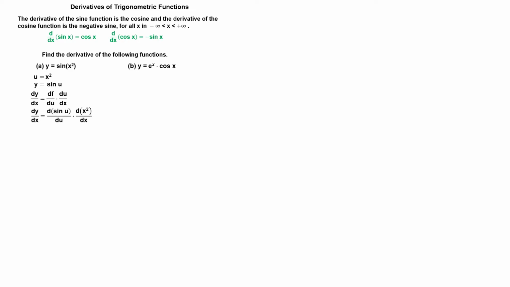Let's see how it works. Find the derivative of the following functions. To differentiate item A, we use the chain rule. Then we use the formula above to differentiate the sine function.